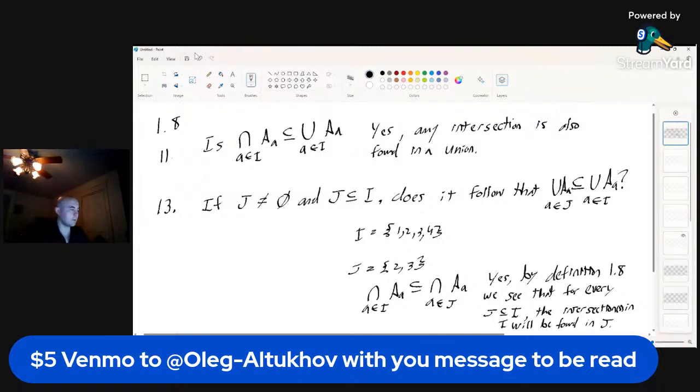So these are indices that we're talking about. Okay, what about, does it follow that? Yeah, because it's a union.